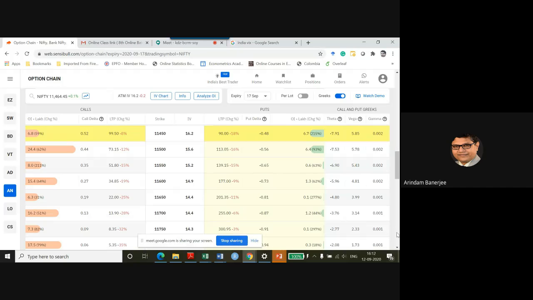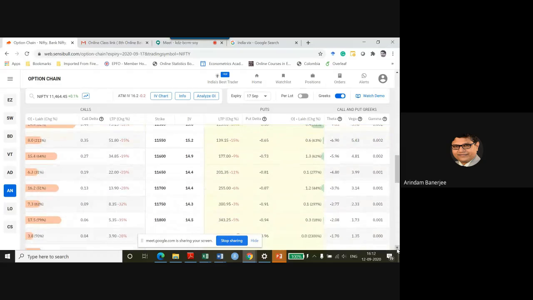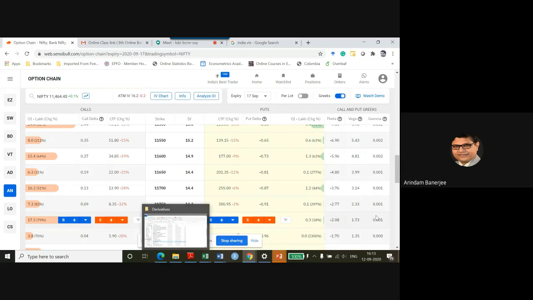The delta is less. So this is also one of the reasons why these option prices are so low. Here it is 22 rupees, then 13.9, then 8.5, then 5, then 3.90. The price is less, but that doesn't mean that it is cheap. Its price is less because its value is like that. Its value is less, right?